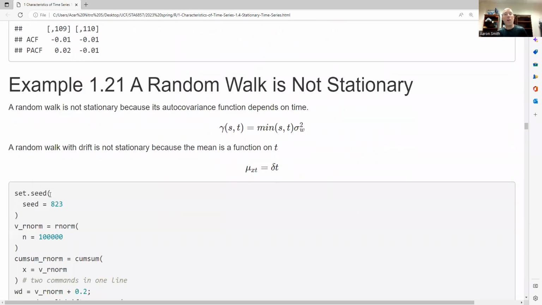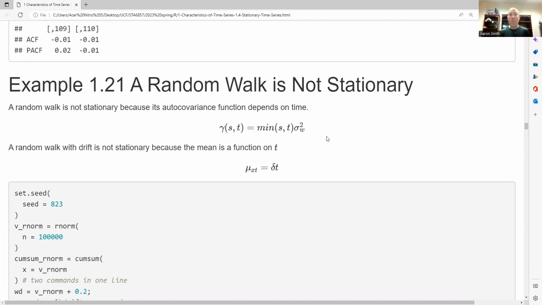All right, now for this next example, let's see that a random walk is not stationary. If you recall from a previous video, the autocovariance of a random walk, and this random walk was based off of the Gaussian, is equal to the variance of the original process times the minimum of the 2 times that are used in evaluating the covariance.